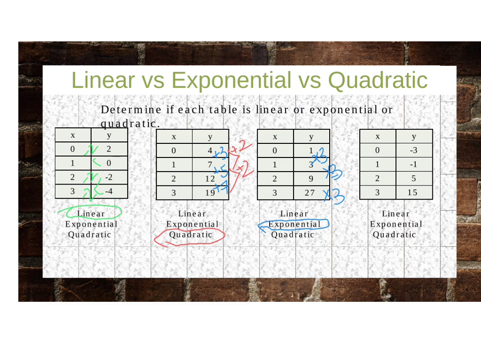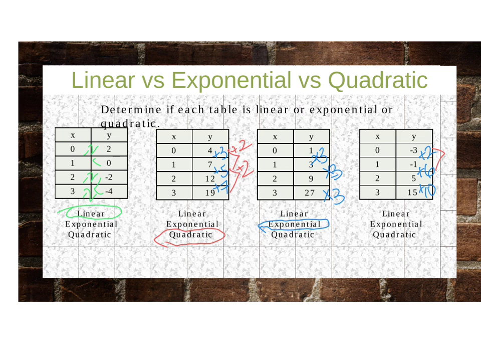All right, how about the last table? -3 plus 2 is -1, but -1 plus 6 is 5, and 5 plus 10 is 15. So it's not linear, obviously. It's not multiplying. Let's look at the second difference. 2 plus what equals 6?